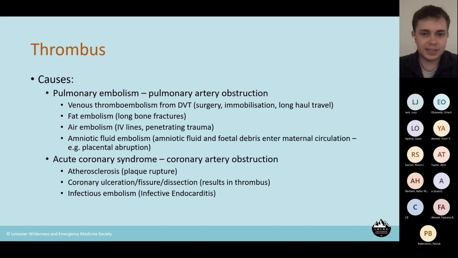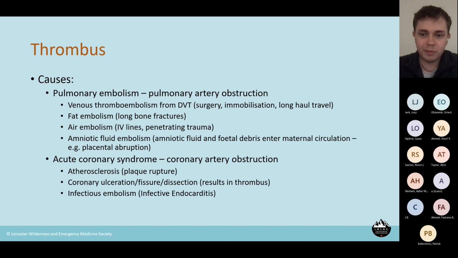So in this case, the last of the H's and T's is thrombus. This case was an MI, so it's a coronary thrombus, but there are the two types that we talk about in our H's and T's. So we have pulmonary embolism, where there's an obstruction to the pulmonary artery. That might be venous from a DVT, so thinking about risk factors like surgery, immobilization, long haul travel.